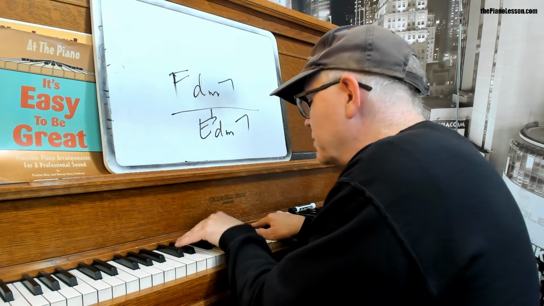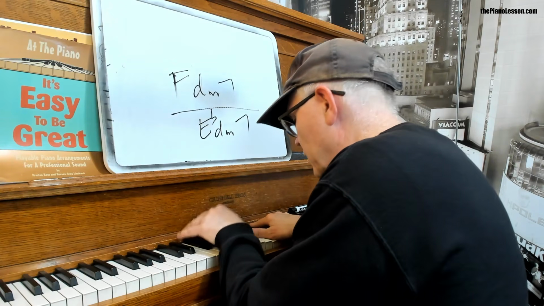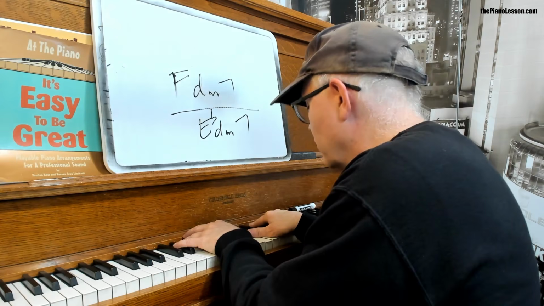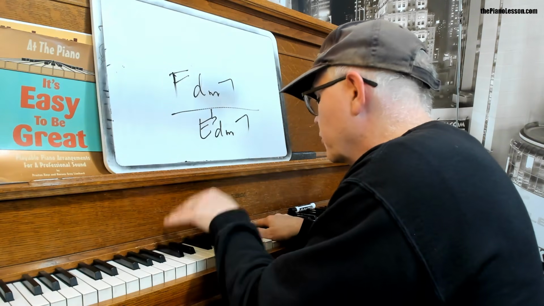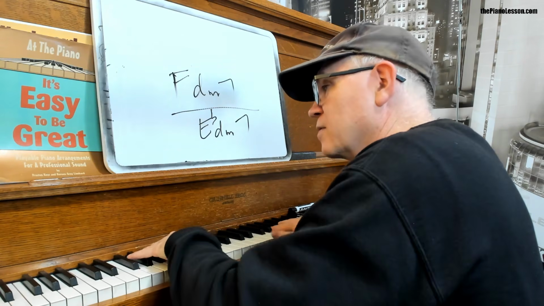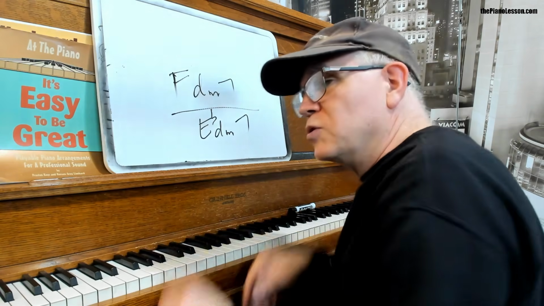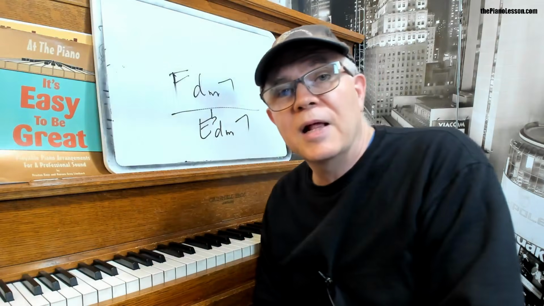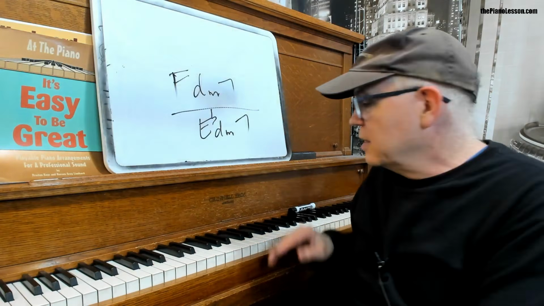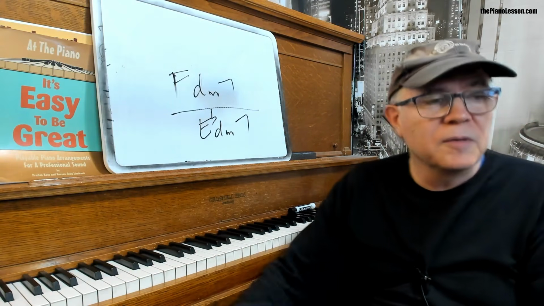Here's F up to B flat, and here's the 3rd. Root, 11th, 7th, 3rd. Root, 3rd, 7th, 11th. Two very close voicings, right? But it creates variety in your playing just by flipping those notes around.